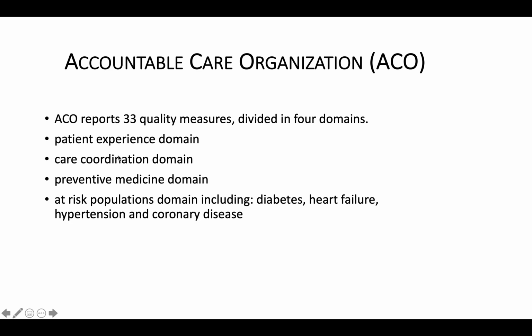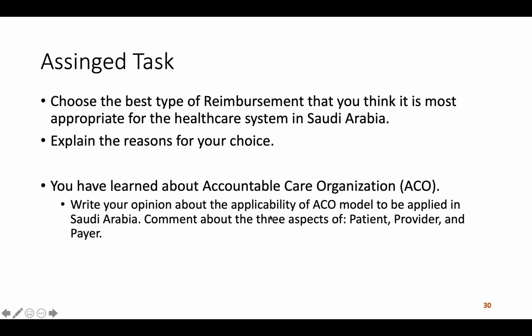So what this slide shows is that there are quality measures that ACO is responsible to calculate, record, and provide. So they need to take care of the patient experience side, the coordination of care, the prevention, and the chronic diseases.